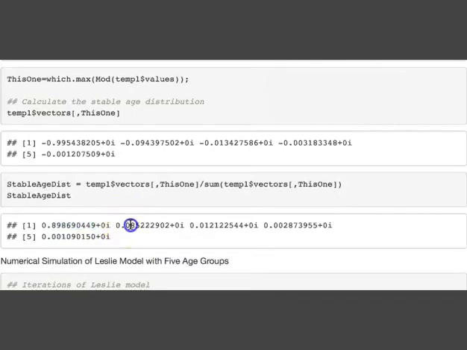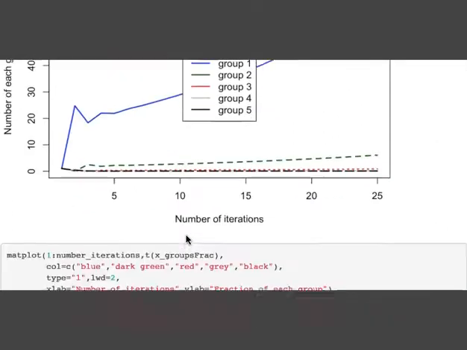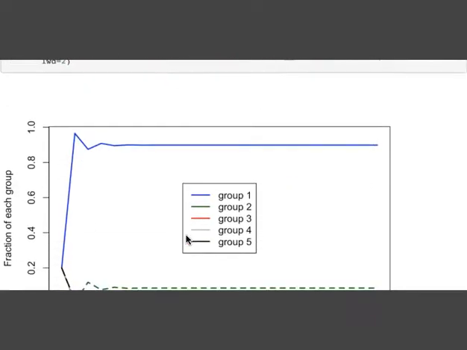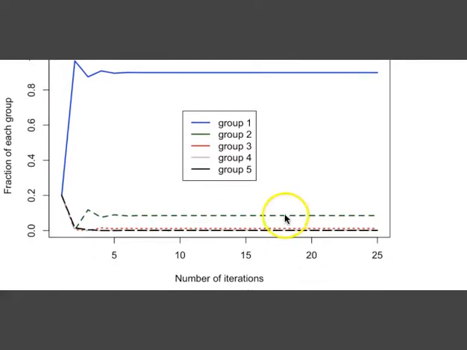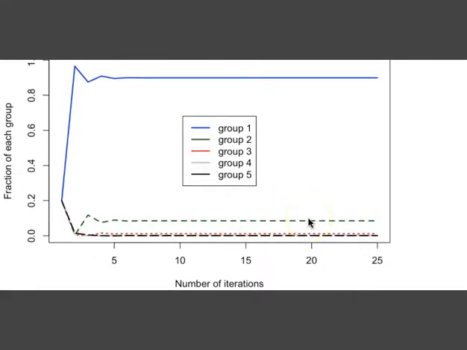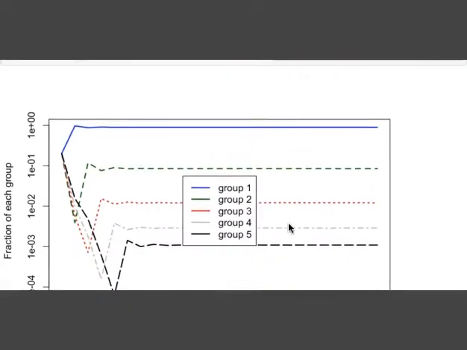Each of those values represents a limiting proportion or fraction, in the sense that if we looked at the time plots of the fractions, which is not this figure but the next figure, each of those fractions as a function of time is settling around a limiting value. Each of those has a horizontal asymptote. If you display that in logarithmic scale, you can see some of the values. There's one that looks almost like 1, but that's the one that's 0.89, right? And then there are the other values here.